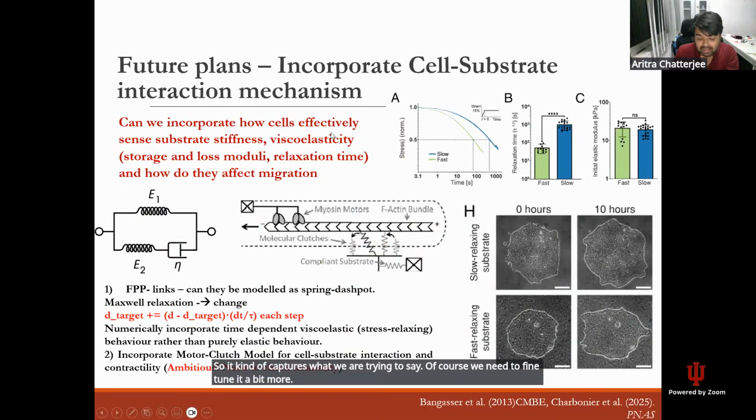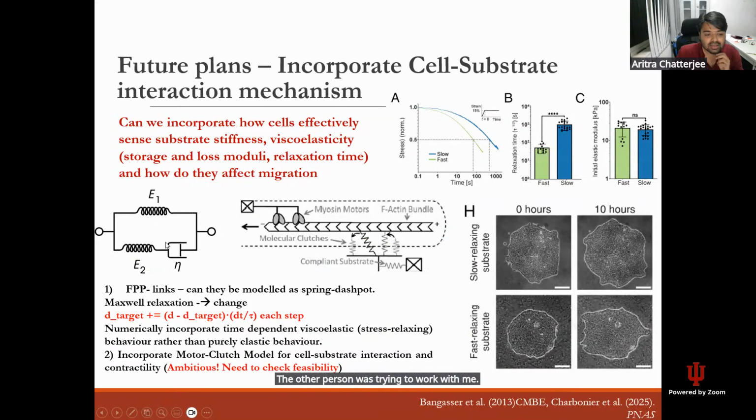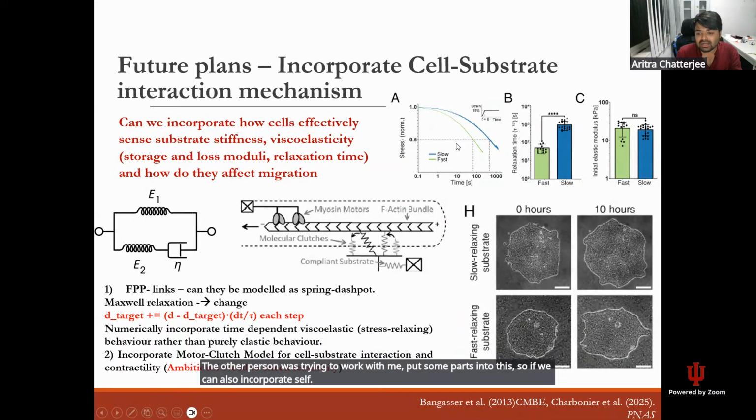Future goals: first is to validate this model and calibrate it to the experimental data. But there is another part which I wanted to discuss, and Maisha, the other person who was working with me, put some thoughts into this. Can we also incorporate cell-substrate interaction? There are some experimental studies on cell migration on soft substrates like hydrogels.